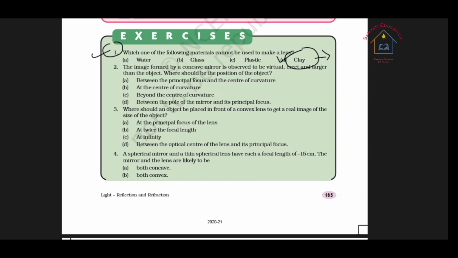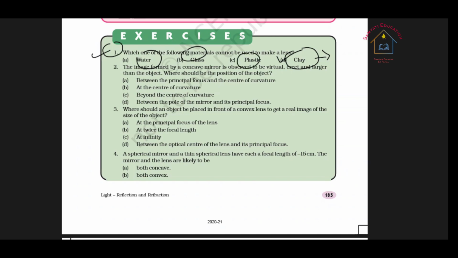Hence, we can't use clay as a lens. Plastic, glass, water, all of them can allow light to pass through them. Hence, these three materials can be used to make a lens. Hence, our option will be D, clay.